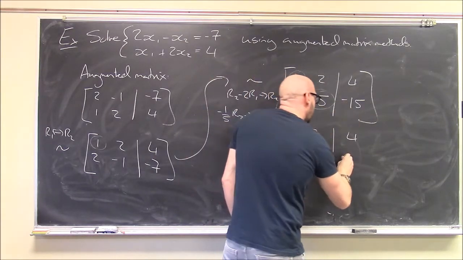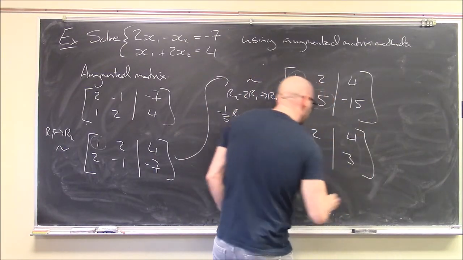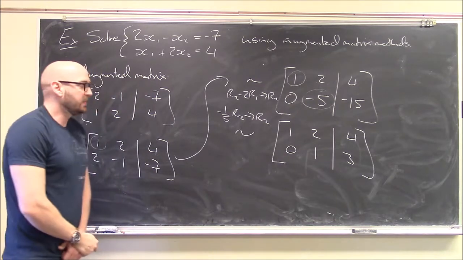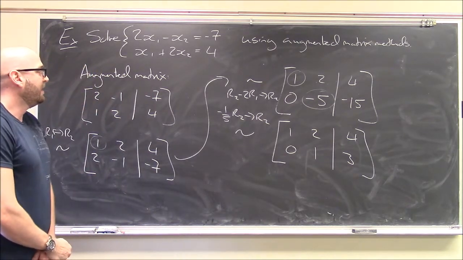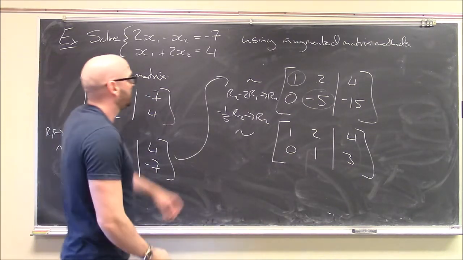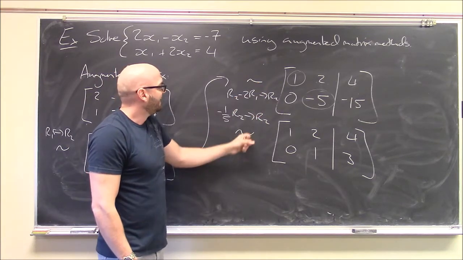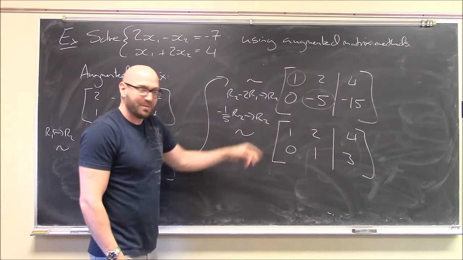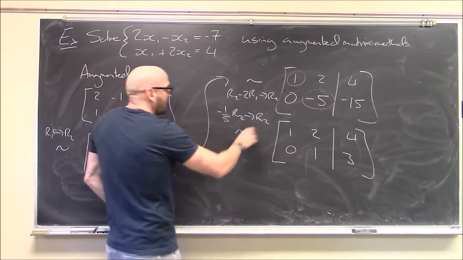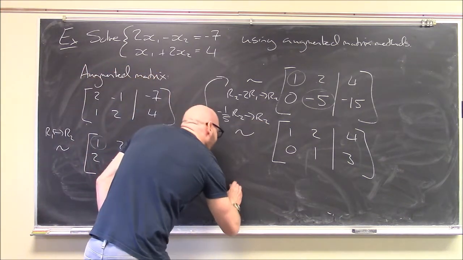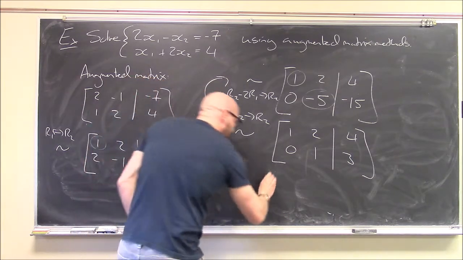Minus 15 over minus 5 is just 3. Cool. I'm being a little bit inconsistent here. Here I wrote my operation below the row equivalent sign and here I wrote it above, but I'm just indicating what I'm doing each step. So here I'll write it above again.